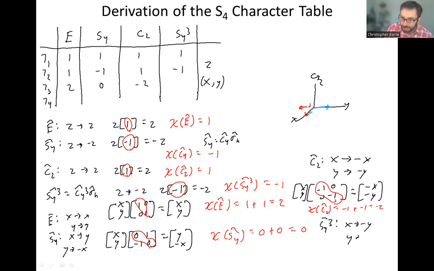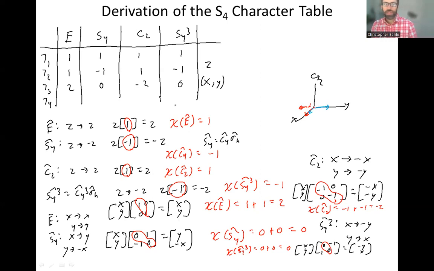But the effect of this is, just like for the S4 operation, you're going to have only 1s or -1s on the off diagonals. You're going to have 0 on the main diagonal when you do the matrix multiplication. So that is the matrix that explains this transformation. We take the sum across the main diagonal, and you get that the chi for the S4 3 operation is equal to 0 plus 0, which is equal to 0.